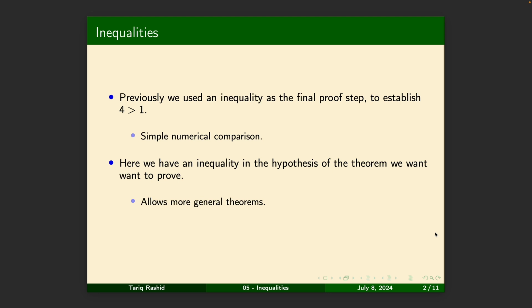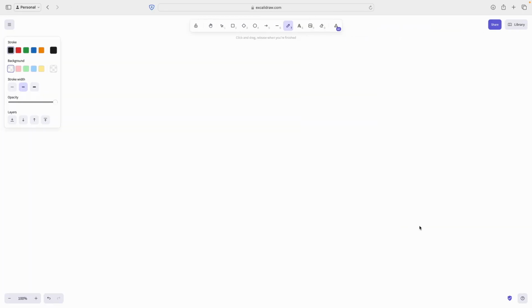Let me draw a picture to explain what that means. Previously we had something like a equals 4, prove that a is more than 1, which turned into 4 is more than 1, and that was the final line of the proof, done by the properties of natural numbers. These are all natural numbers.